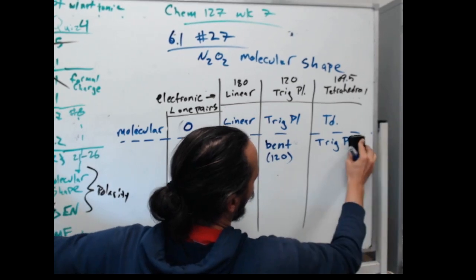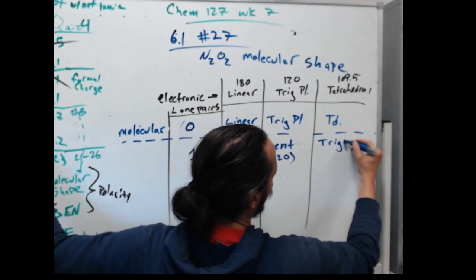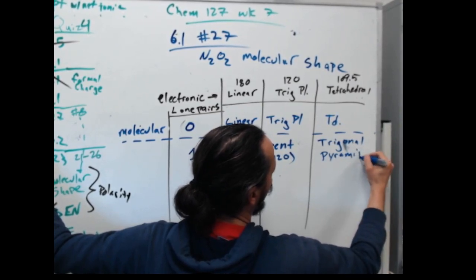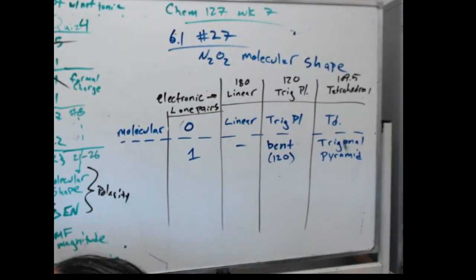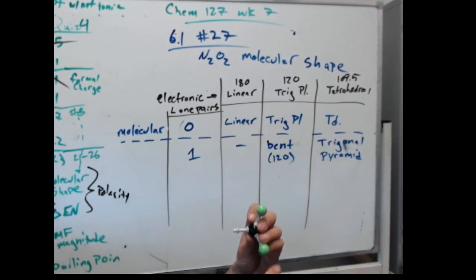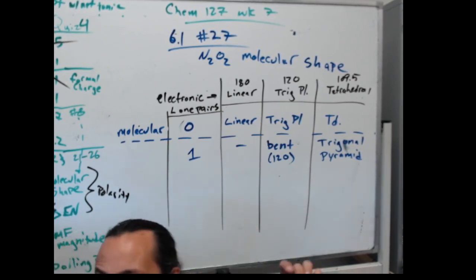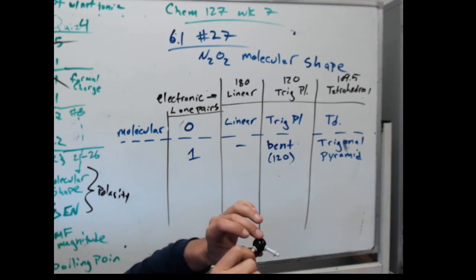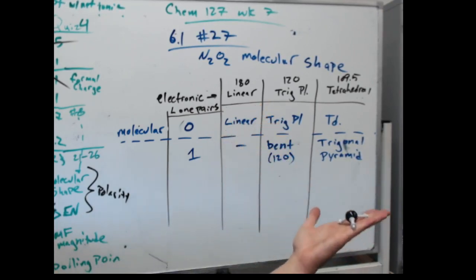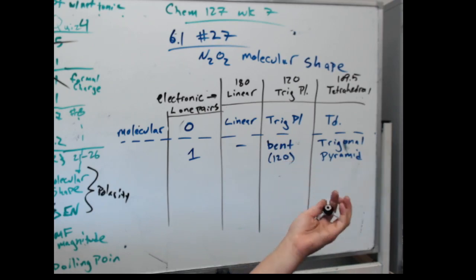Let me just write that out real quick. Right, and that's the idea. Do I have one handy? Yeah. So that's the idea if I've got my handy dandy molecule. If I take off one of the things, because it's a lone pair, and I only see where the atoms are, it's got a triangle on the bottom, but it's not flat.